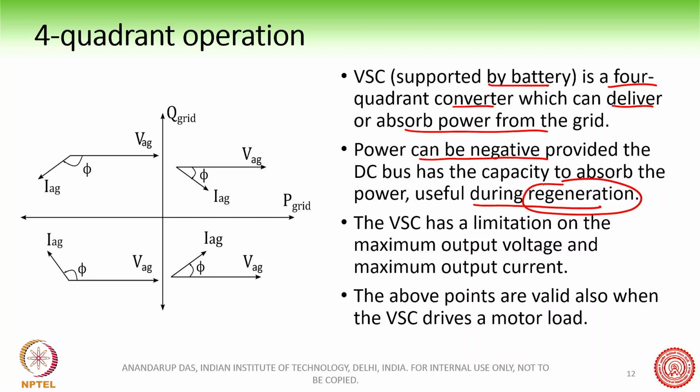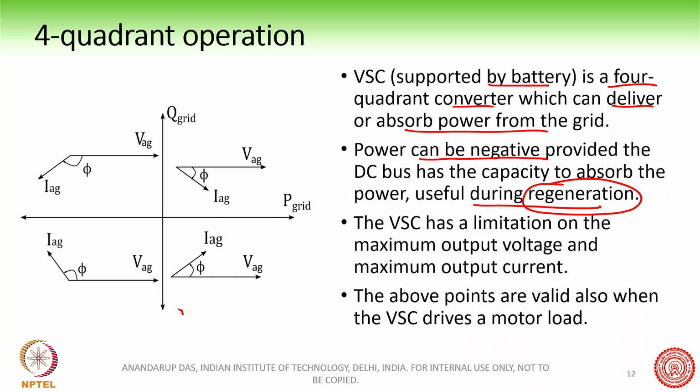What is regeneration? Suppose we are now thinking that this VSC with a battery can also drive a motor load, for example in electric vehicles, right? In electric vehicles we have a battery on the DC link and we have a motor on the other side.